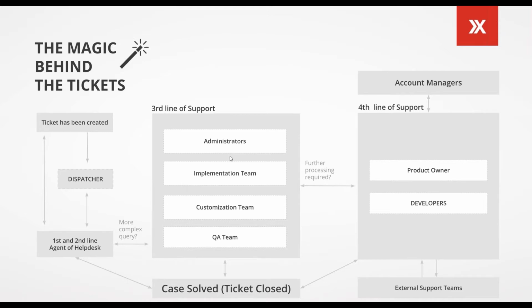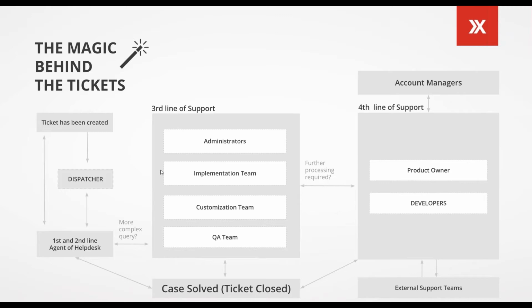They're also very often providing you with workarounds. If we provide you with a workaround, there is a 50% chance that it was proposed by our first or second line agent, or suggested by one of the implementation team experts.